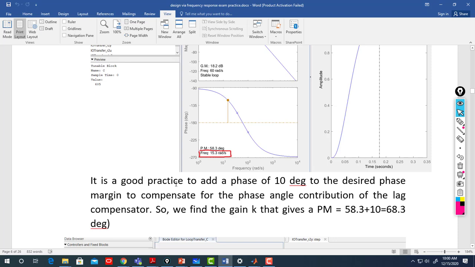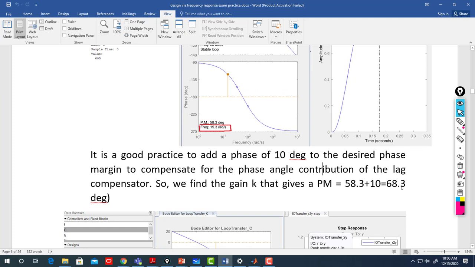So it's good practice to add a phase of 10 degrees to the desired phase margin, which is 58, to compensate for the phase angle contribution of the lag compensator. So we find the gain K that gives a phase margin of 58 plus 10, which is 68.